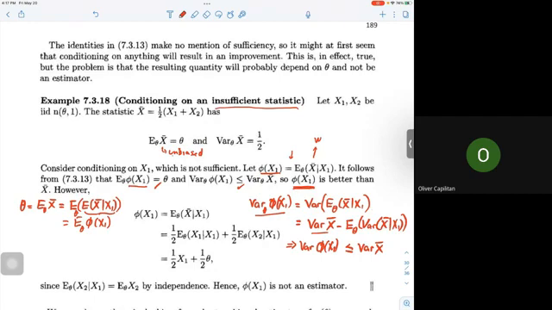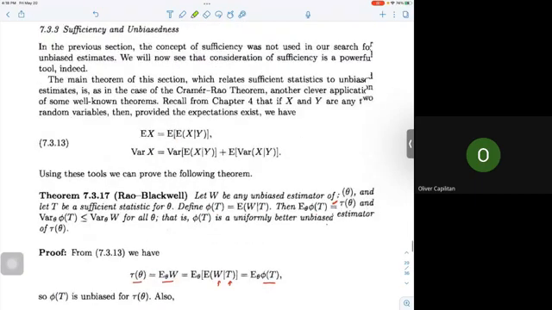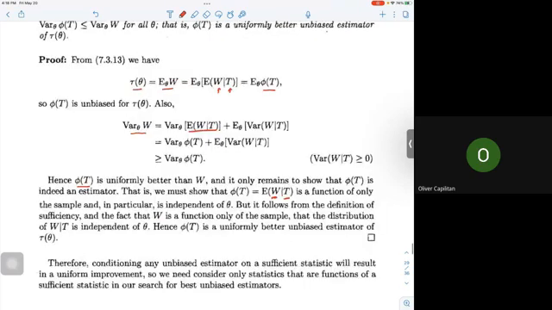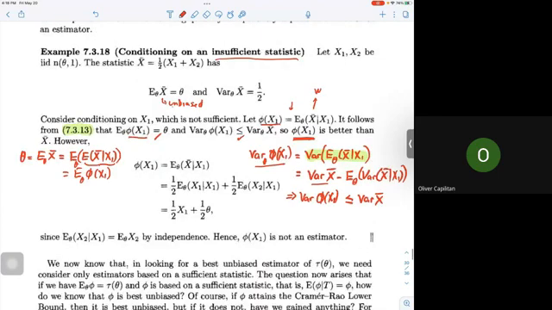For this part, we again used 7.3.13, but we transposed it to the other side so it becomes a minus. That is the result. So we have verified the variance, but do not conclude right away that phi of X1 is an estimator.